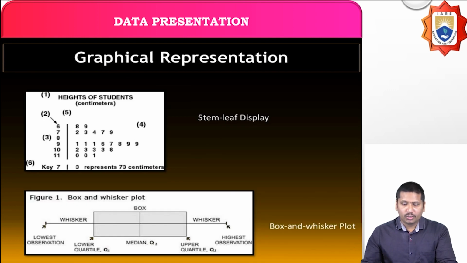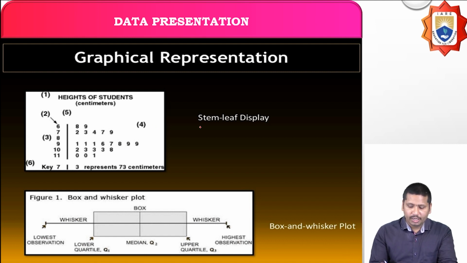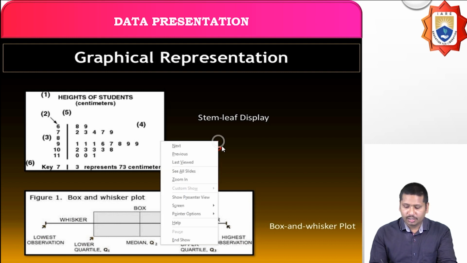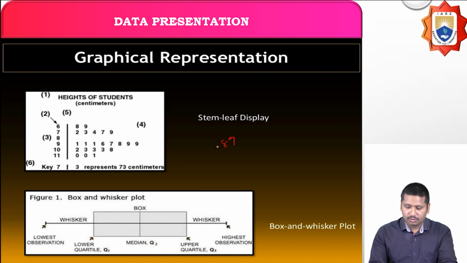Apart from that, we have some graphical representations like the stem and leaf graph and the box and whisker plot. In a stem and leaf graph, by taking the values 689, 782 and 800, like this, the first leading digit is considered the stem, and the remaining digits are considered the leaves.